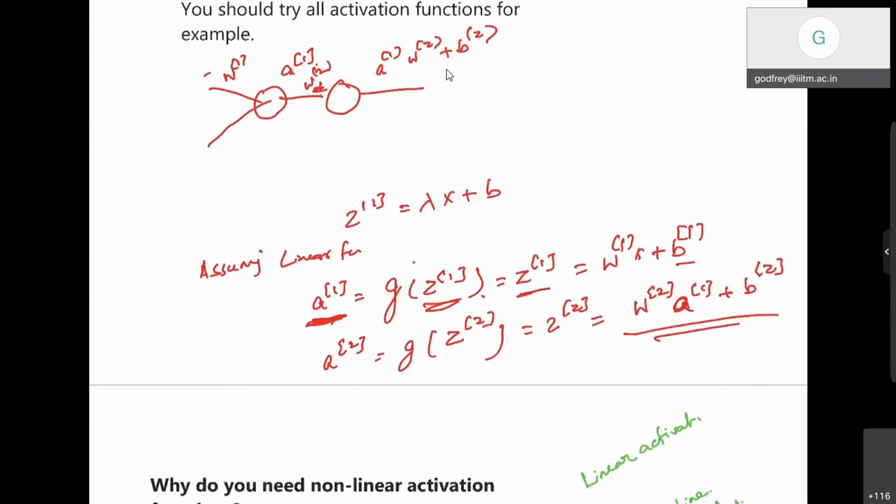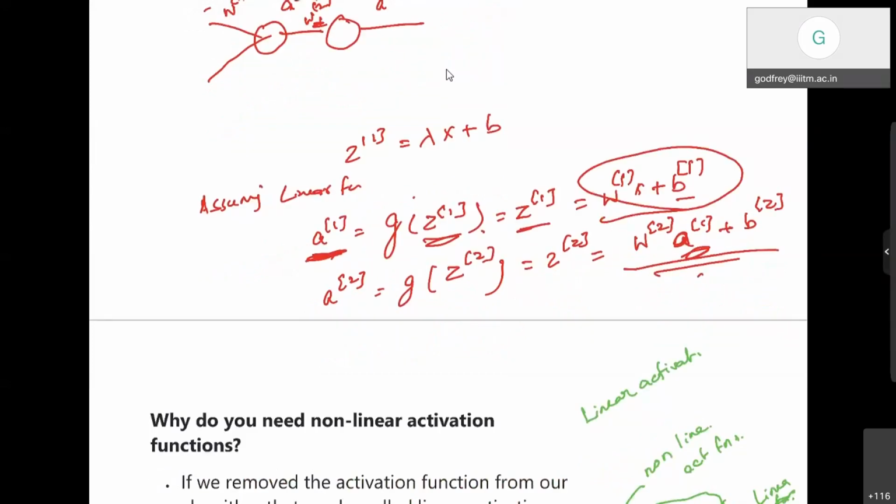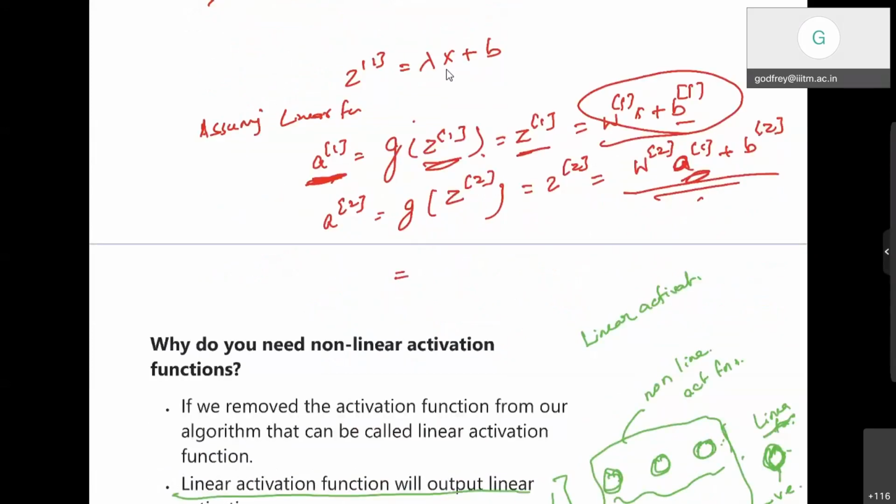Now, given that you have this function, we can substitute this over here, right? So we have W2 into (W1 x plus B1) plus B2.